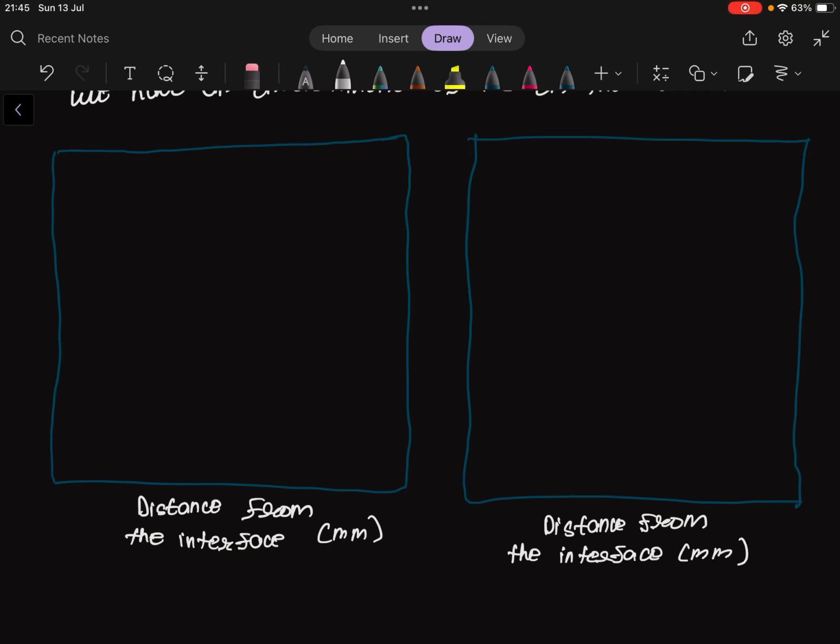On the y-axis we have hardness, that is, bigger hardness. Or let me divide into some plots like this. I don't know how perfect it will be, but I will try.